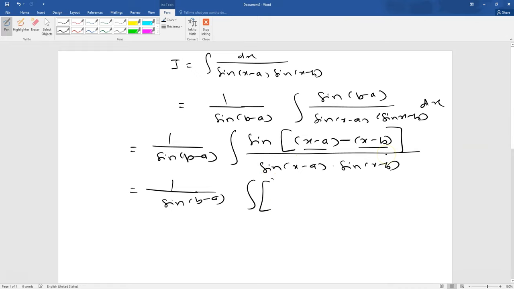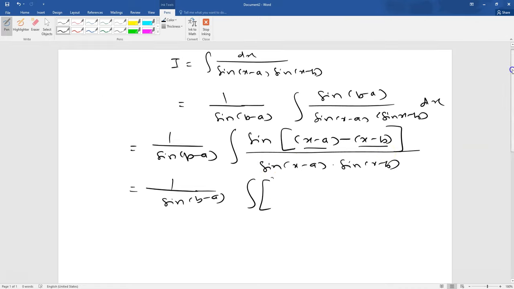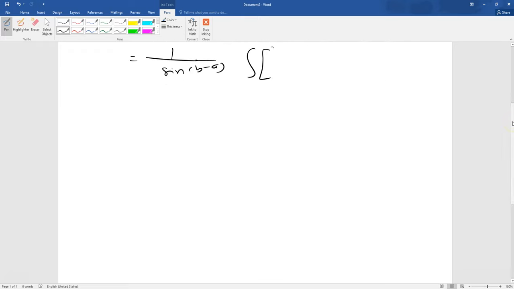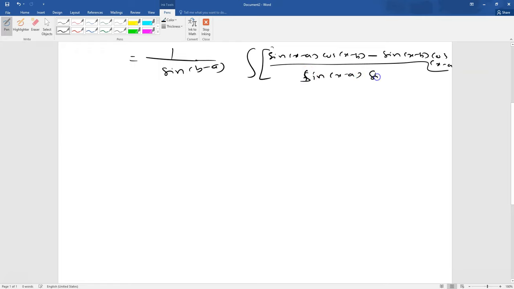So if you look here, how it will be: sine of x minus a cos of x minus b minus sine of x minus b and cos of x minus a, correct, upon that whole thing as it is, sine of x minus a and sine of x minus b, right?